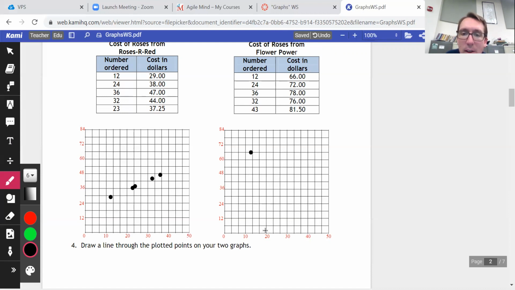24 roses cost 72. Am I doing this perfectly? Not exactly. 36 roses cost 78. 36 is about here. 32 roses cost $76.